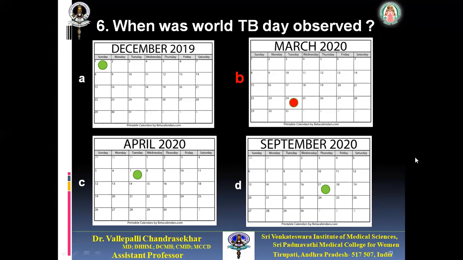What is September 17? So you have to check and tell in the next class. You might have seen a circular regarding this September 17 recently, right? That is regarding Patient Safety Day.